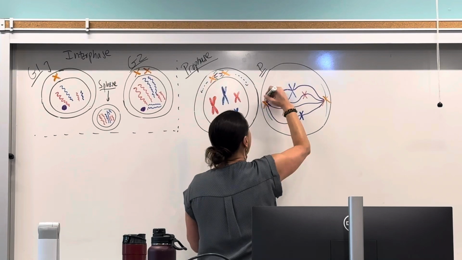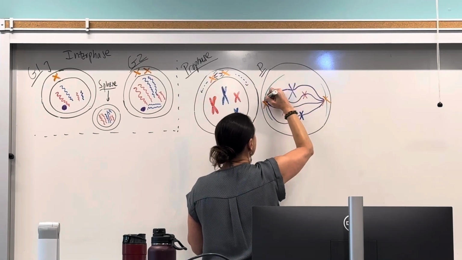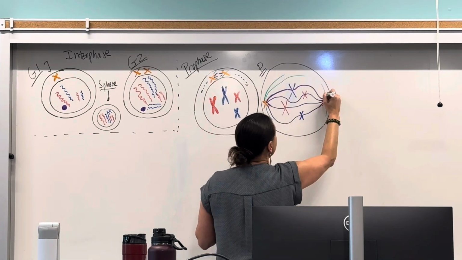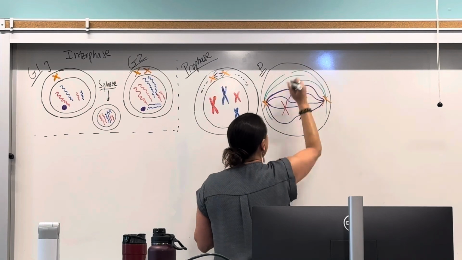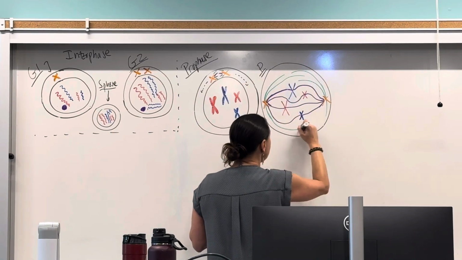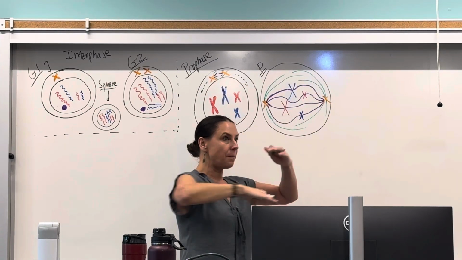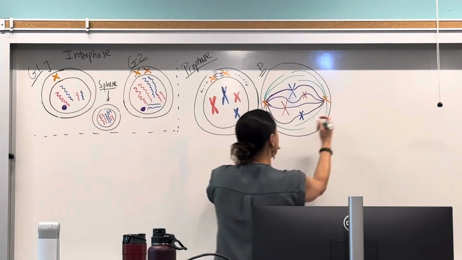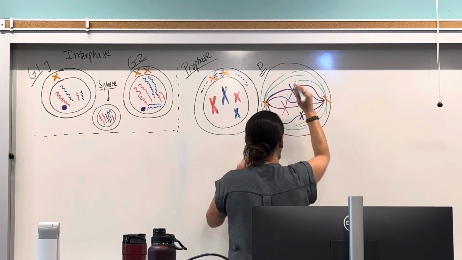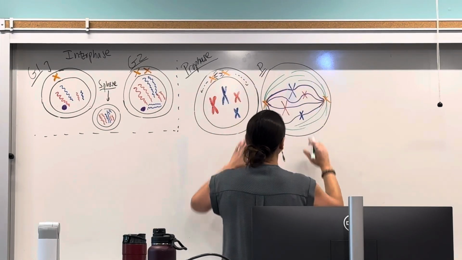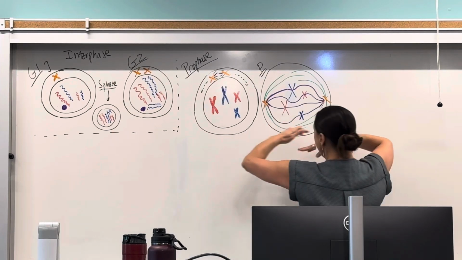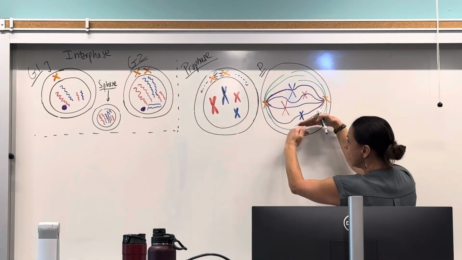What about these green guys that I drew? Those are also microtubules growing out of the centrioles. However, they do not attach to anything. Instead, they just keep on growing and sliding past one another. These can be kind of in the center as well, but they keep growing and growing, getting longer and longer.